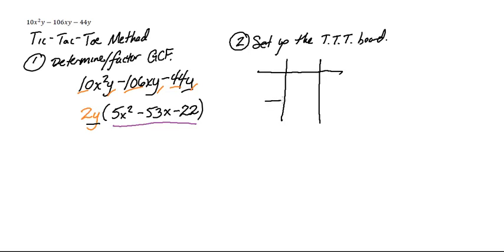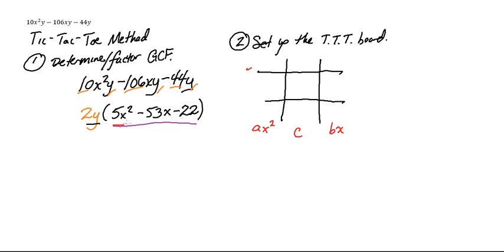Here's the way it works. What's going to go in this first column is the ax squared. What goes in here is c, and what goes in here is bx, and that all goes up top here. So that's going to go right across this row.